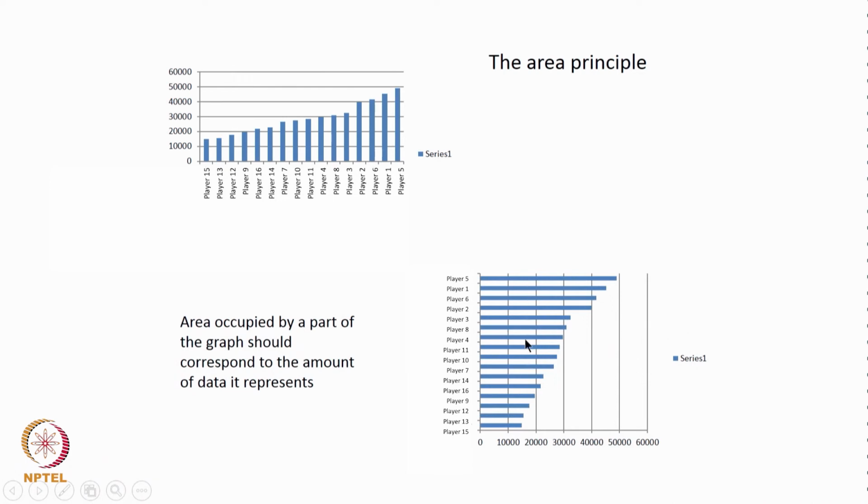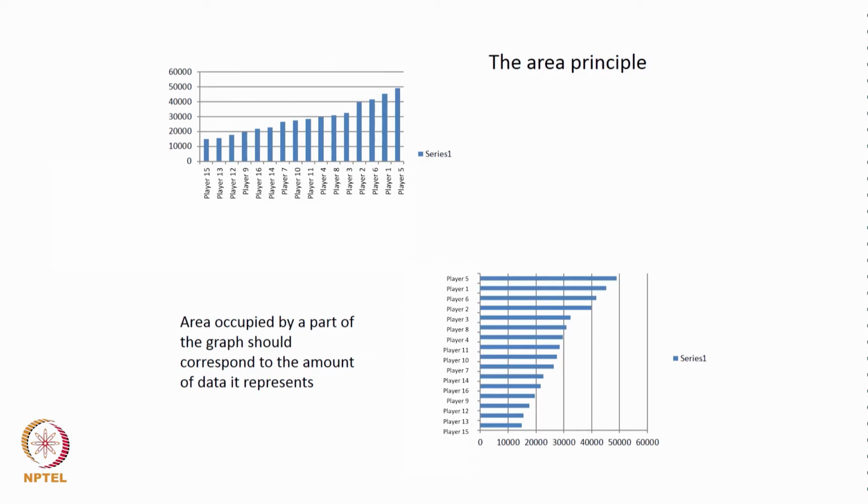Today, with increasing use of software and computers to do this, the area principle is understood in the way it is done, but it is important for the user to understand it. It talks about the width of the bars being the same, so that the area generally represents the variable that is being measured.